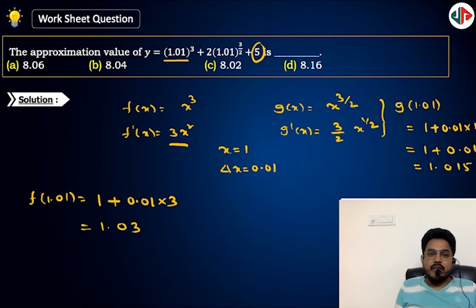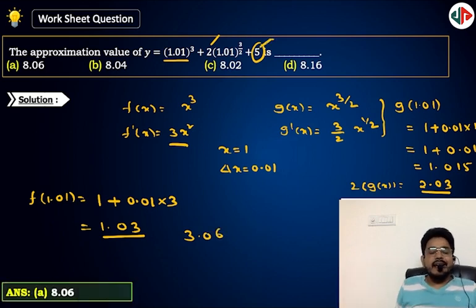But here 2 times of this, so 2 times g of x will be equal to 2.03. 2.03 plus 1.03, so it will be 3.06, and you need to add 5. So you will be getting 8.06 as the answer.